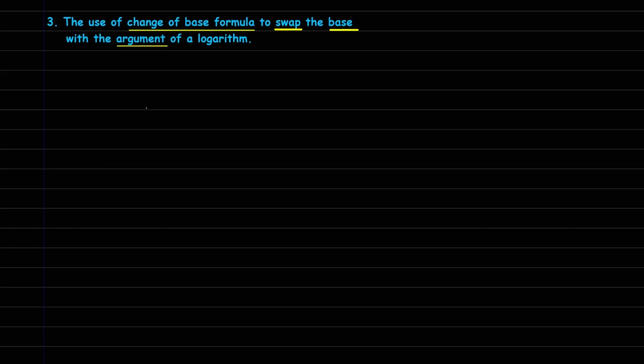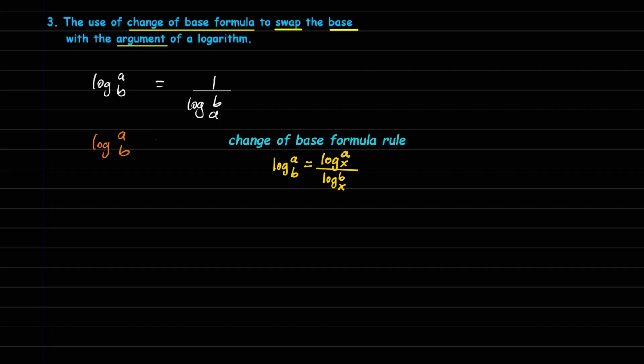The third special case is the use of the change of base formula to swap the base with the argument of a logarithm. Suppose you're given log of a base b. On swapping the argument with the base, this should equal 1 divided by log of b base a. In detail, given log of a base b, if we want to swap the base with the argument, we should introduce a new base, and this base should be the same as the argument.